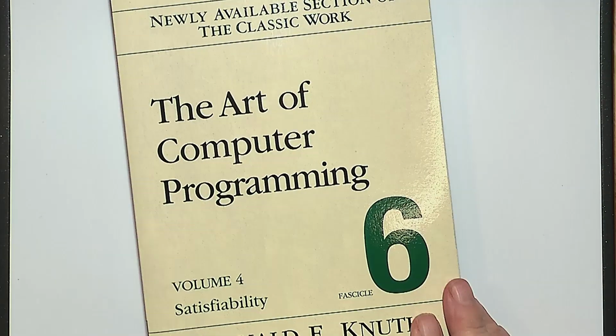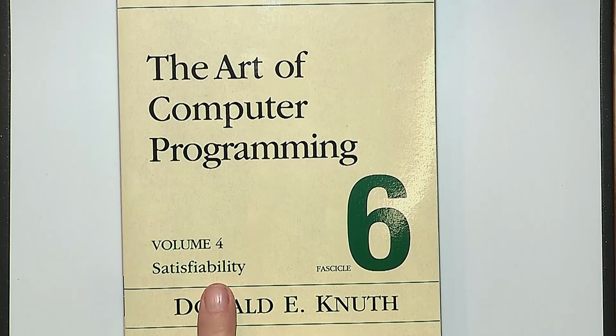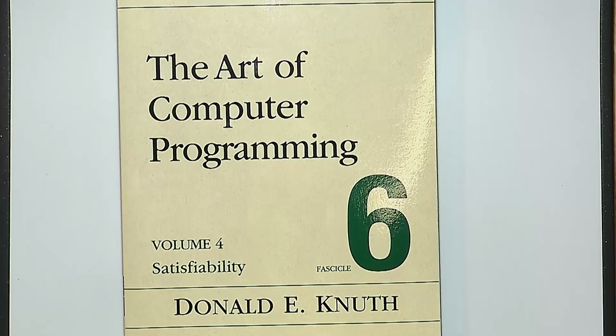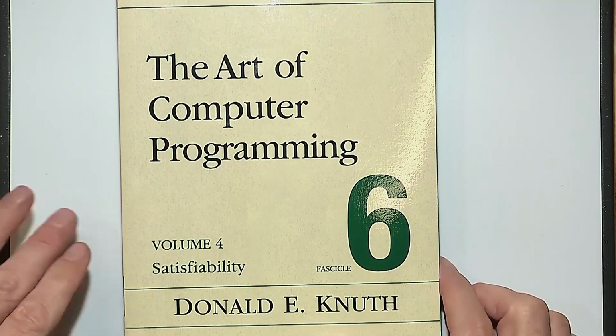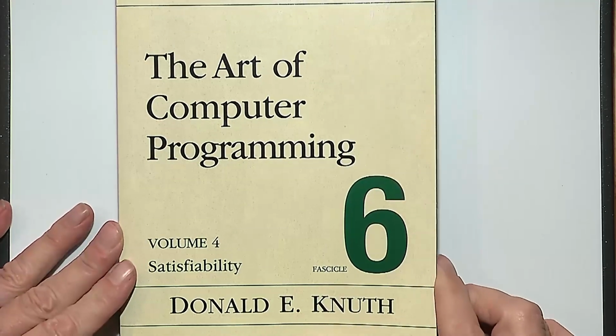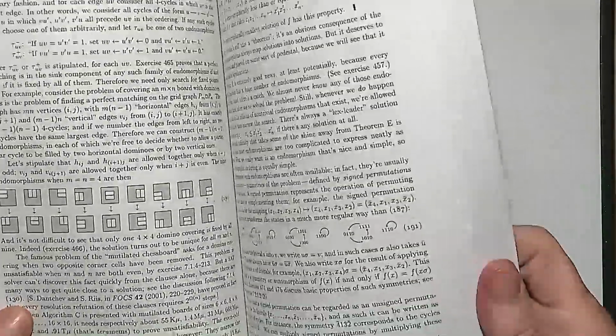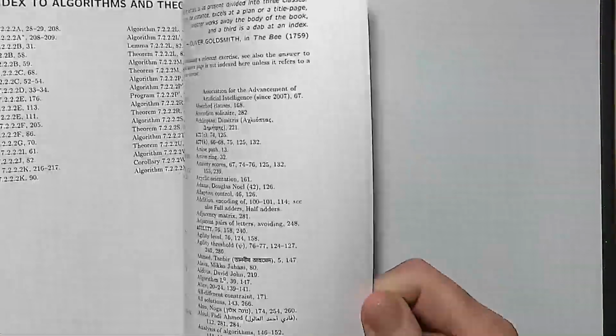When you write a computer program, you do the initialization last. A few years ago, volume 4, fascicle 6 came out, and the section about satisfiability, and I gave some of my Christmas lectures about satisfiability during those years. And so this has, again, well, if you look in the index, we should be able to find pi.